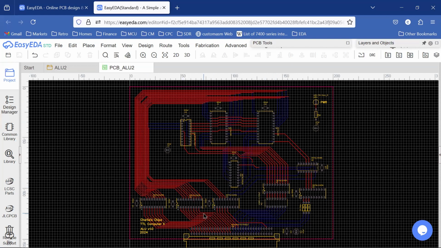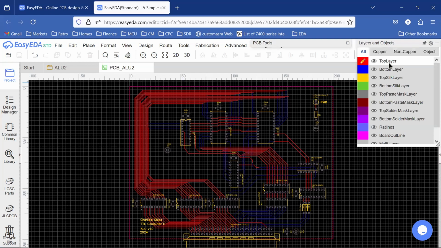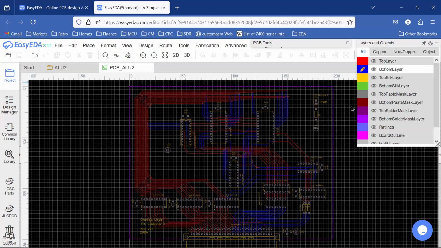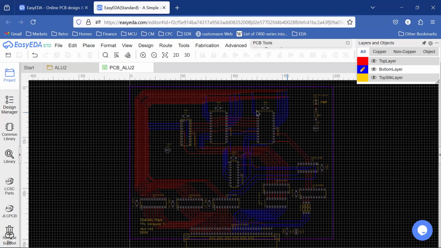So that's kind of the top of our board routing, and we can see now here the bottom of the board routing, right? We have our input signals coming down to the ALUs. Then we have our output signals from the ALUs coming down to the data bus. And this is our flags chip here.